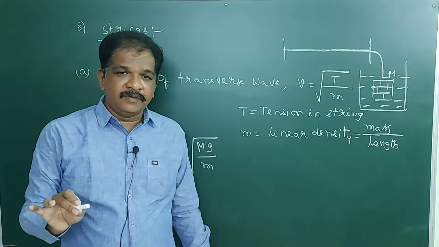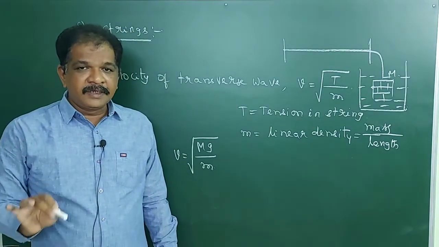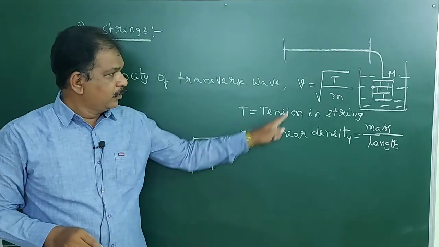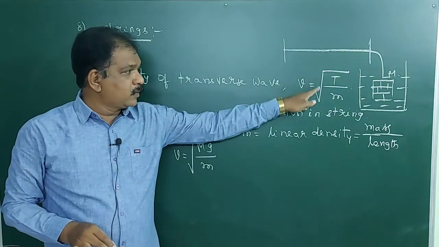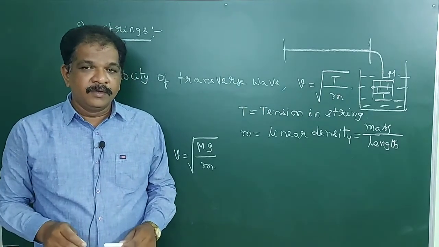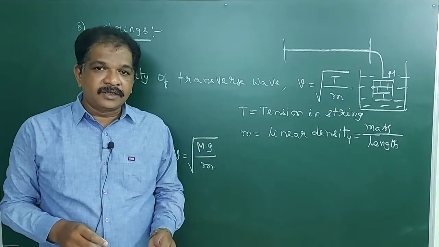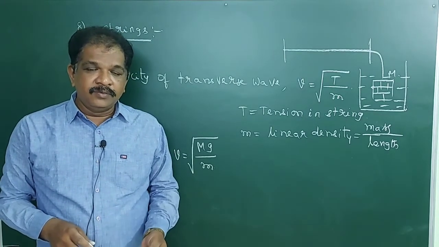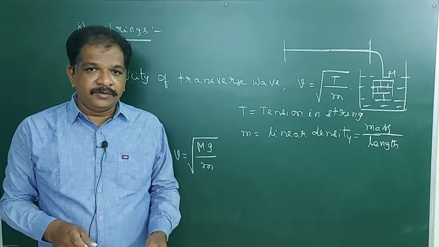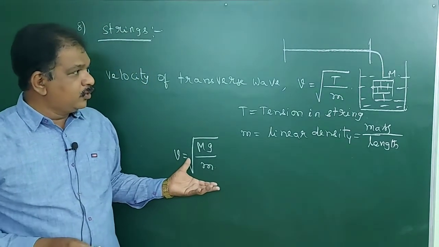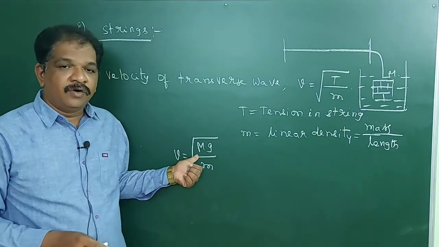Once again, see, the basic formula for velocity of transverse wave is V equal to square root of T by m. T will be the tension arising due to load, or due to elastic force, or due to thermal force. If the tension arises due to load, this is the formula, V air.